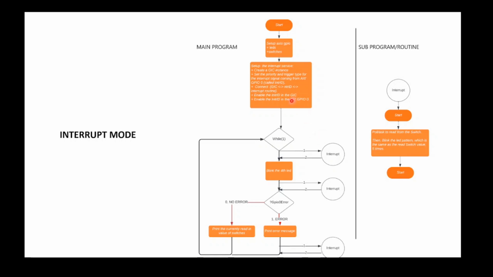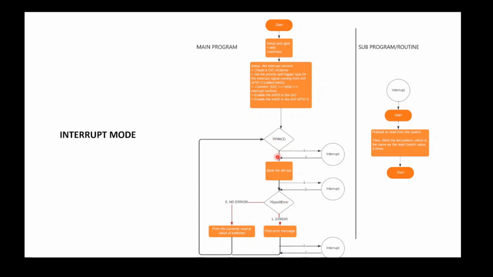Thanks to the interrupt, and of course we need to set up the interrupt service, we won't ask for the switch values inside the main program, read them in, and then blink the LED. No, we don't do that. We just keep blinking the fourth LED, and then we check some shared variable and do something else.